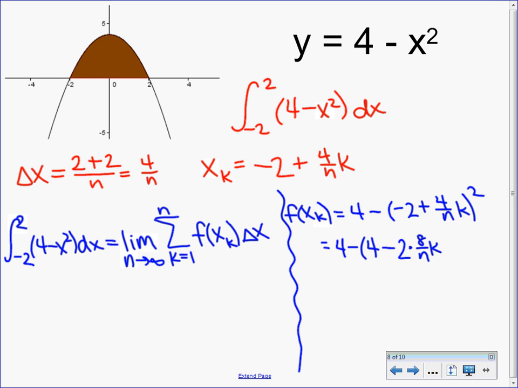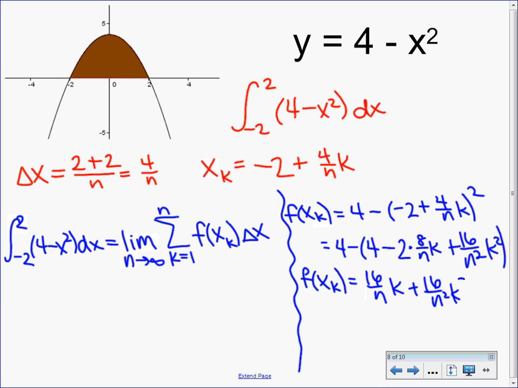And then b squared is what? 16 k squared. So f of x of k is 4 minus 4 goes away, right? And then we have what?